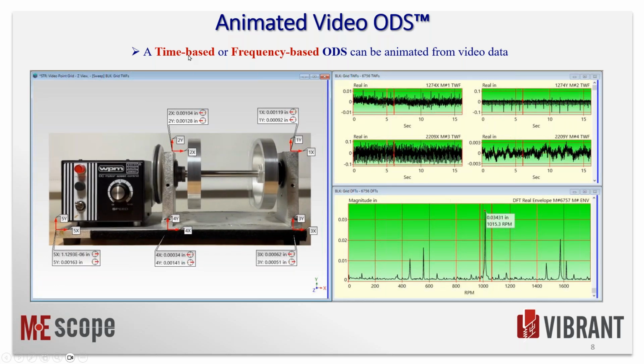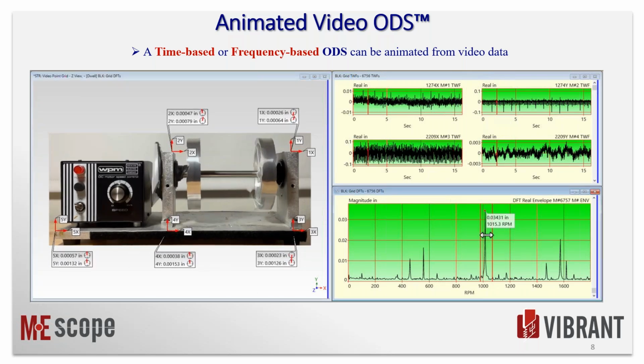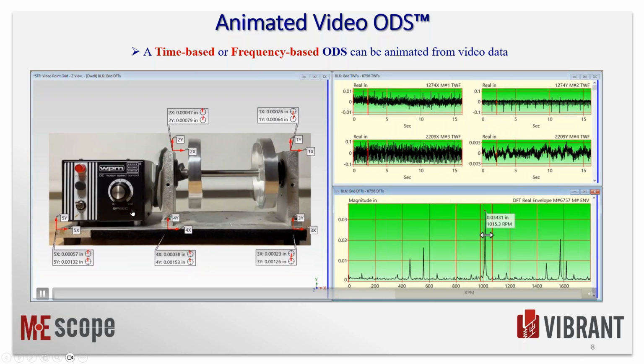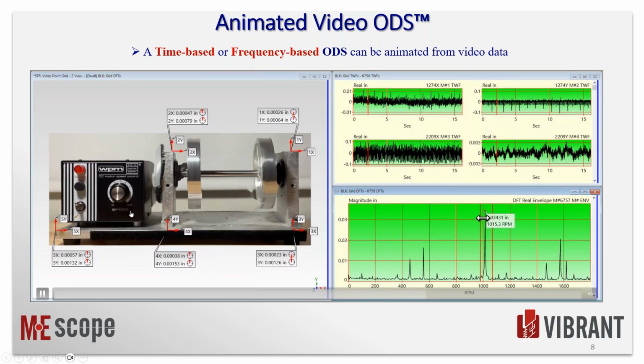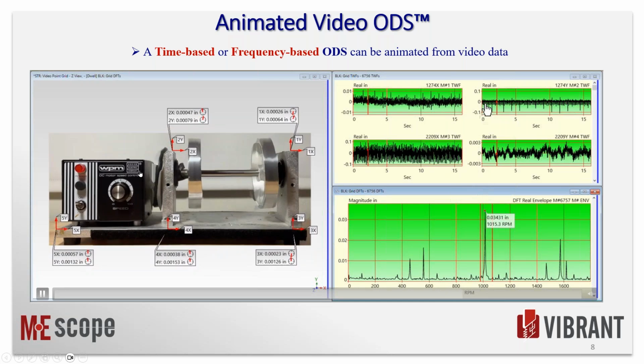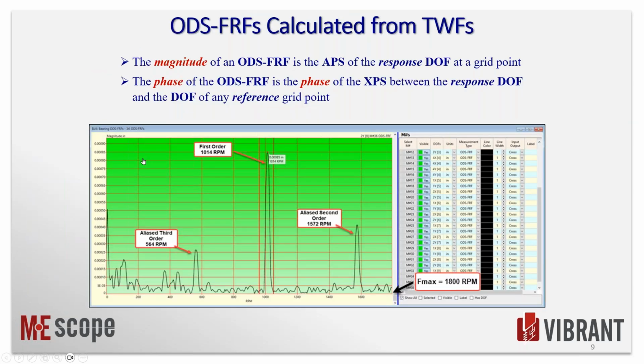So when we sweep through the time records, we call that time-based ODS. When we do a sinusoidal animation, we modulate with a sine wave the ODS data. And again, we got 3,300 measurements down here animating all the points that are still visible in the X and Y direction. So this is where we get to analyze our results.